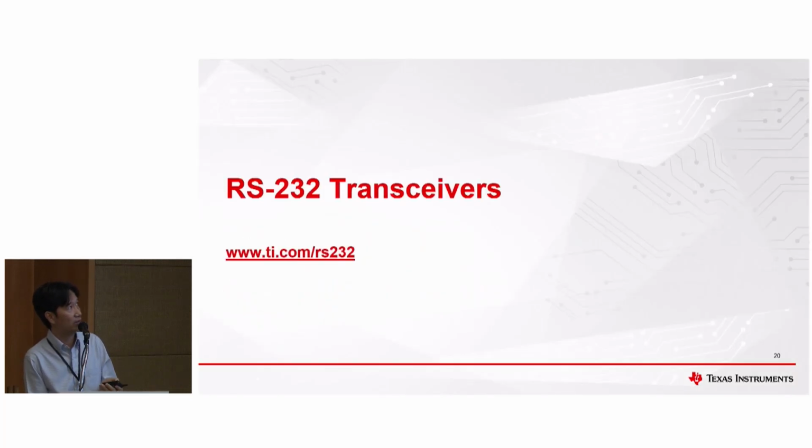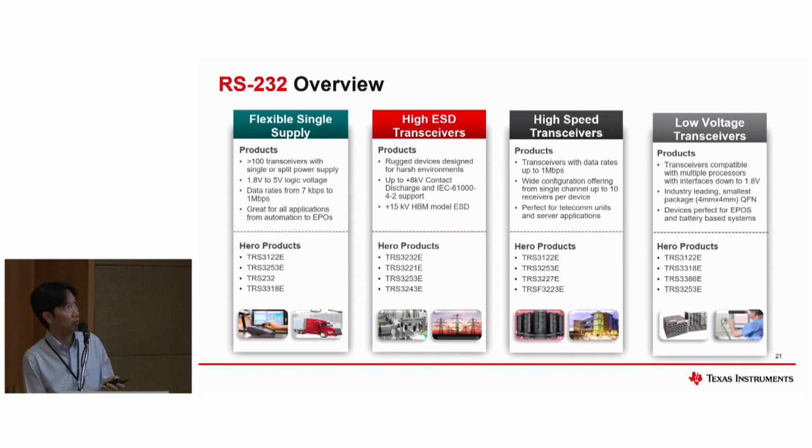Next one is the RS-232 transceiver. For the RS-232 transceiver, we classify the products into 4 groups here. The flexible single supply, where the power supply and also the logic voltage can be flexible from 1.8 volts to 5 volts.